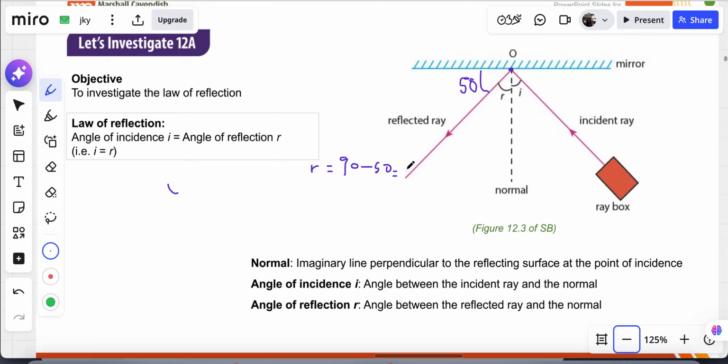Once we get 40 for R, remember the incident angle will also be 40, because they are equal. So if here is 40, here is also 40. Is that okay? In multiple choice, Cambridge Paper 2, Cambridge IGCSE, you are always being asked this. They can fool you and put the value here. They want you to tell the angle of incidence or the angle of reflection.